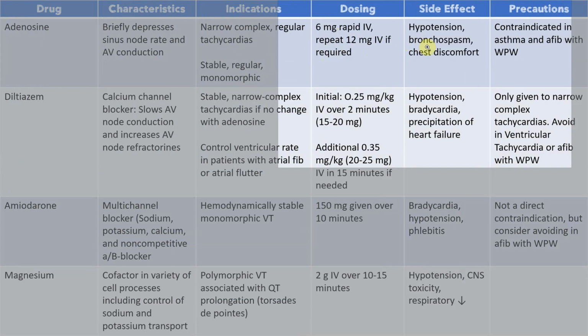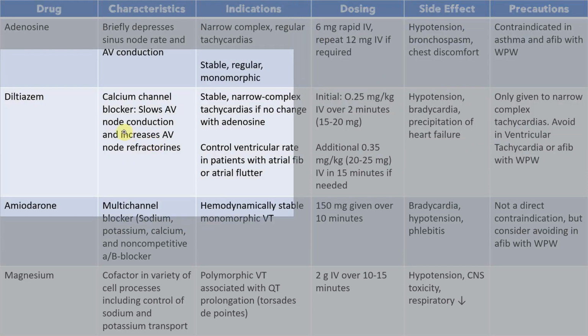It can cause bronchospasms, so you would want to avoid it in patients with bronchospastic type diseases, and it's contraindicated in asthma and AFib with WPW. You'll see this a lot. Any medication that slows conduction or blocks conduction through the AV node is contraindicated if the patient has AFib with WPW.